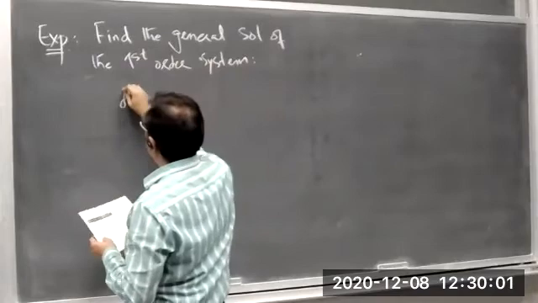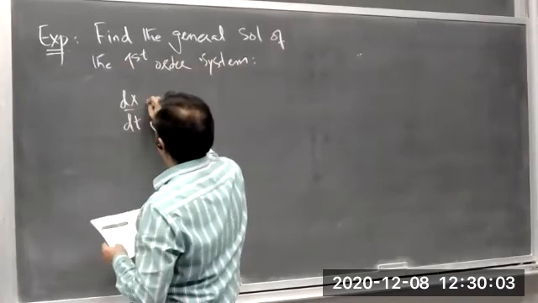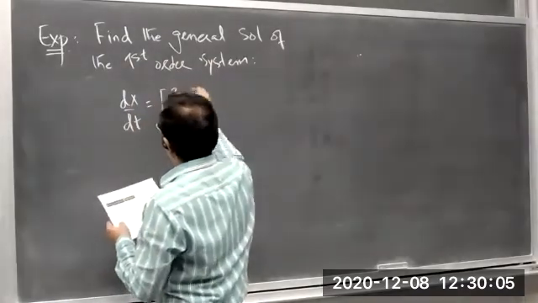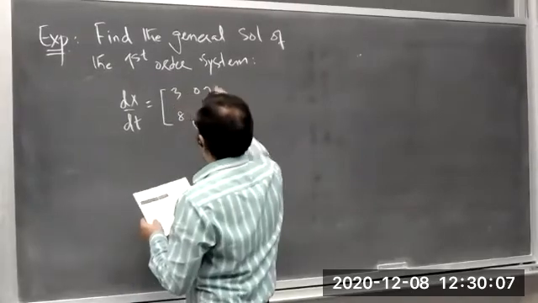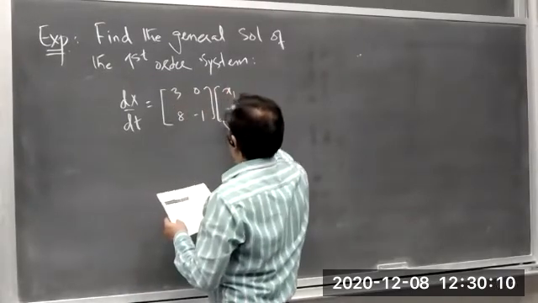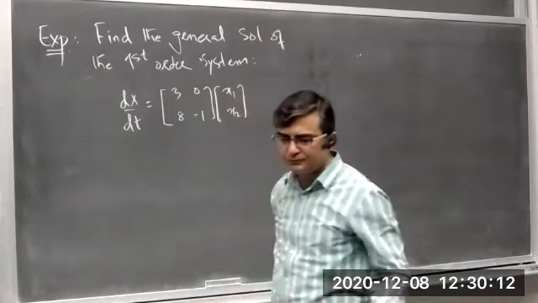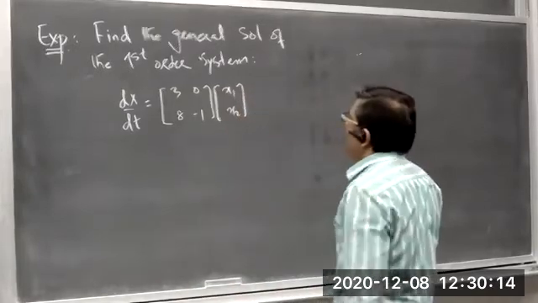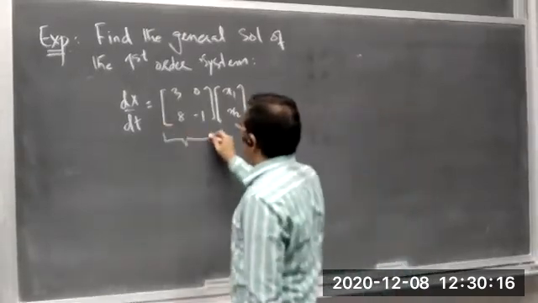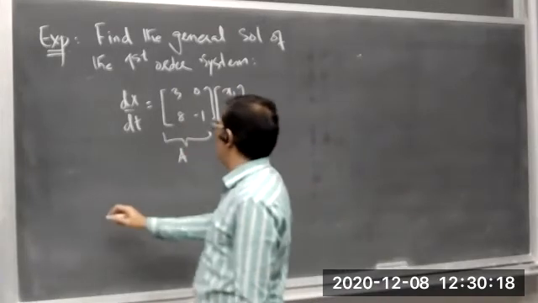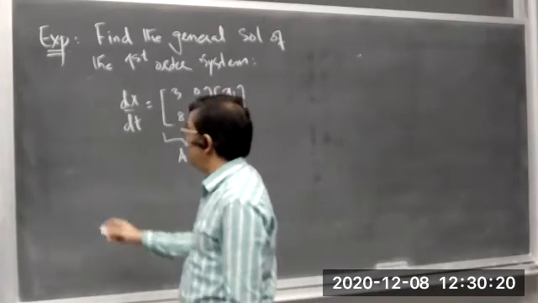The first order system is dx/dt equals the matrix [3, 0; 8, -1] times the vector (x1, x2). This is the system. What is the matrix? This is your matrix A.